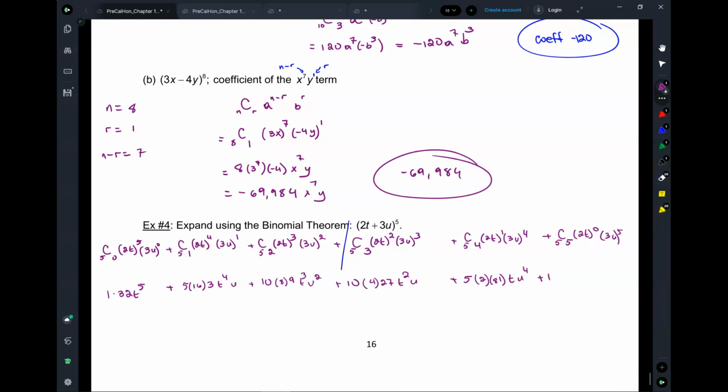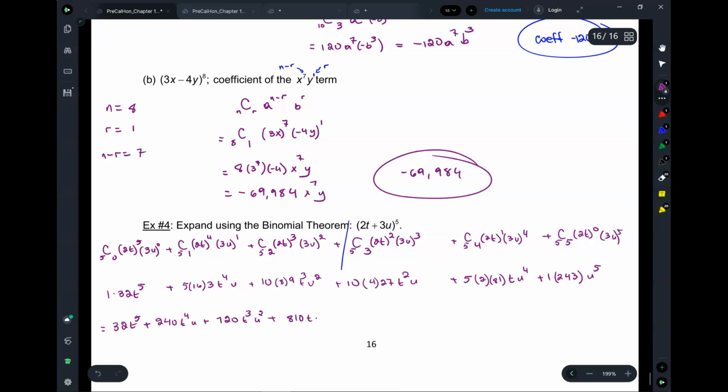And then 3 to the 5 is 243, u to the 5. So 32t to the 5, 240 t to the 4 u, 720 t cubed u squared, 810 plus 243 u to the 5.